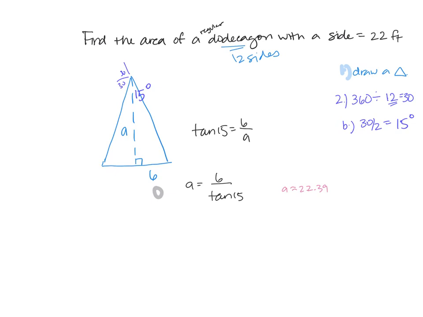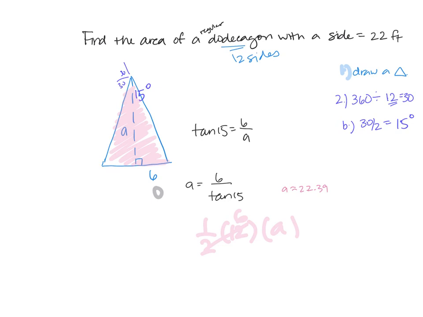It's okay to write that, but again, I'm going to use the number that's actually in my calculator. And I like to do it without the formula. So since A is 22.39, I'm going to multiply that number by 6 because 6 is half of the original base. So if I just multiply 6 by A, I'm going to get the area of this entire triangle. So I do A, what's in my calculator, just hit times 6, and I get around 134.